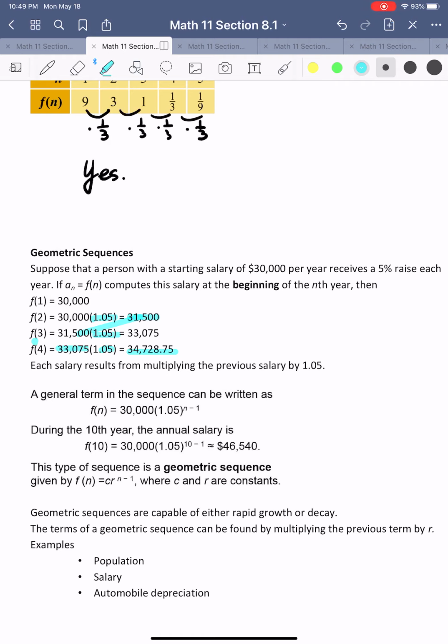That's the amount you get each year. So the general term is 30,000 times 1.05 to the n minus 1 power. Then f of 10 you plug in 10 to get that amount, so you can get any amount.